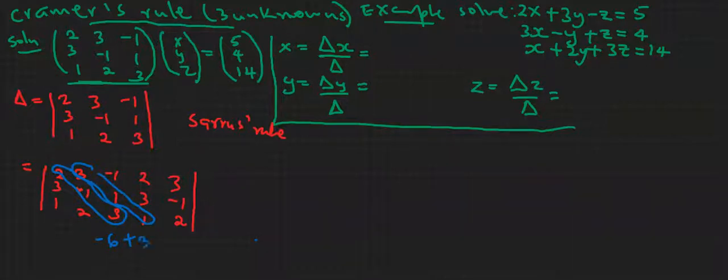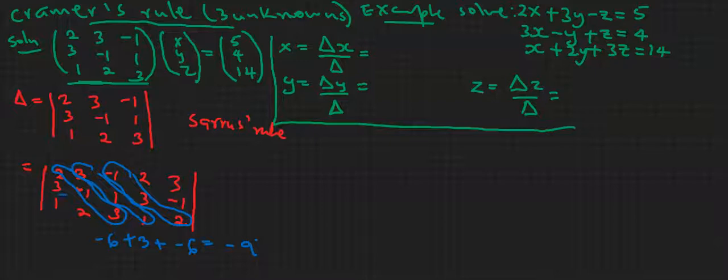That gives us 3, plus the product of the elements in the next diagonal, -1 times 3 times 2, and that is negative 6. So negative 6 plus 3 minus 6 gives us negative 9.